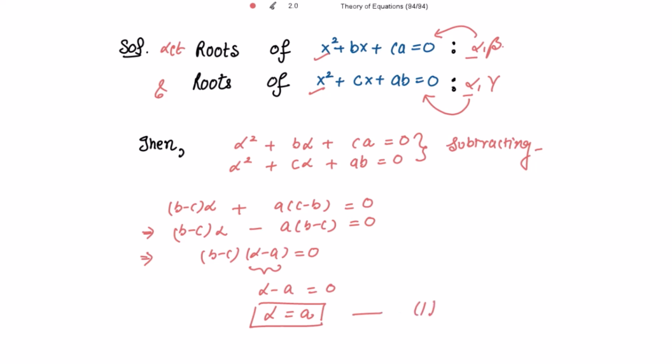Now to get the quadratic equation for the other roots, that is for beta and gamma, we need to get x square minus sum of the roots into x plus product of the roots equal to 0, right? Where this equation is to have the roots as beta and gamma.